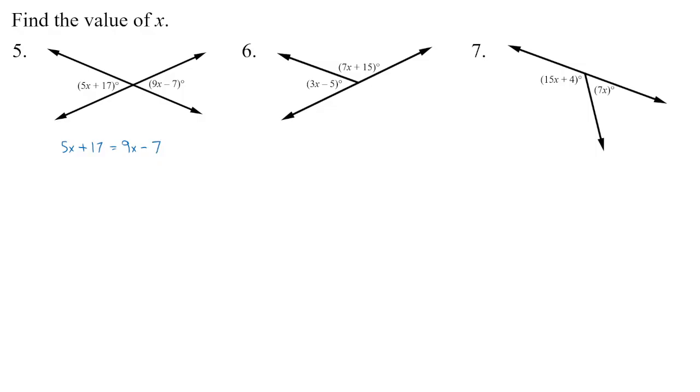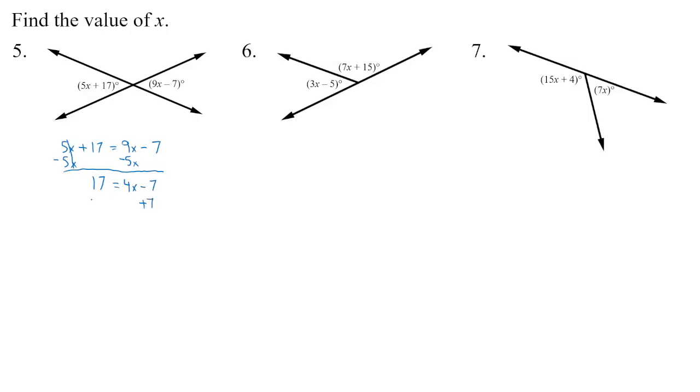So now to solve the equation, we will subtract 5x from both sides. You will get 17 equals 9x minus 5x, which is 4x, minus 7.